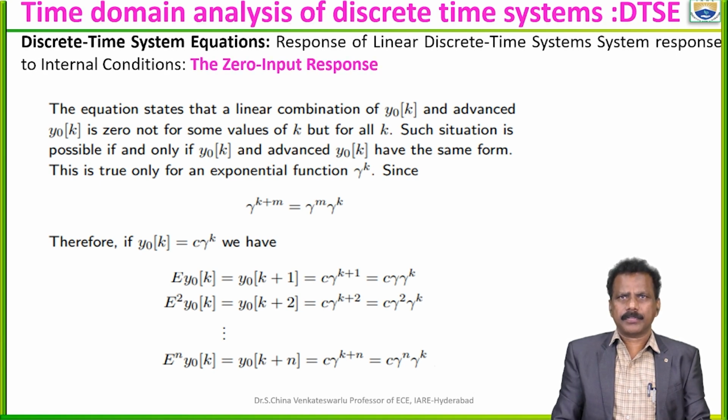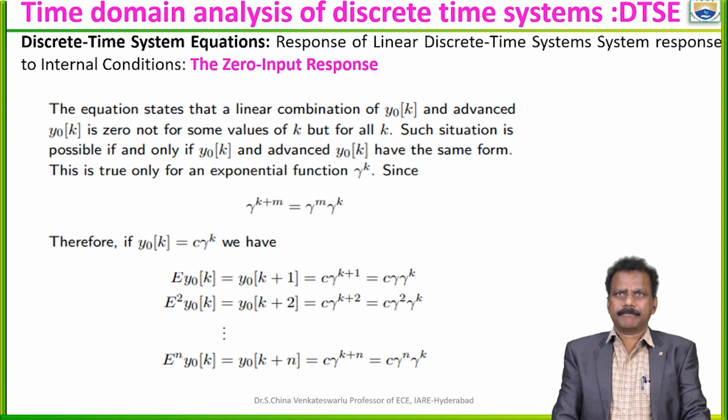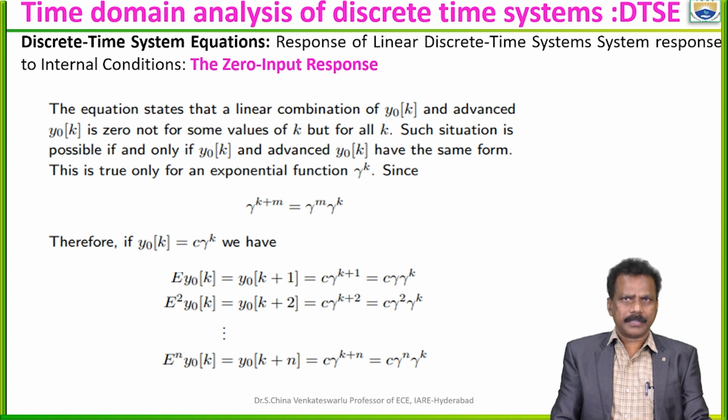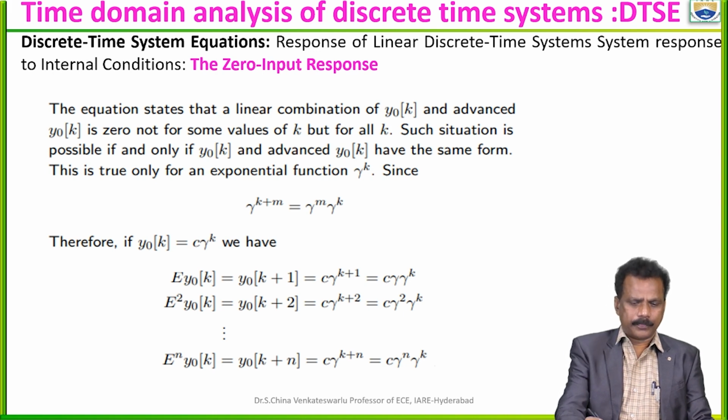The discrete time system equation gives the response of the linear time system, with internal conditions, the zero input response. So the equation states that the linear combination of y naught of k and advanced y naught of k is equal to 0. Already we have seen that y naught of k is a linear combination.